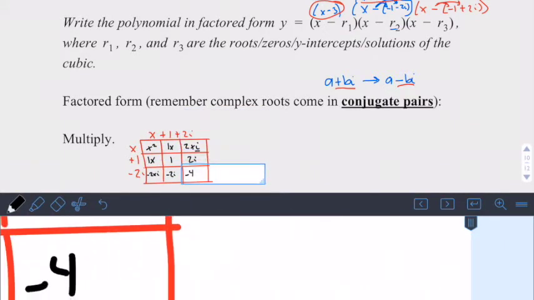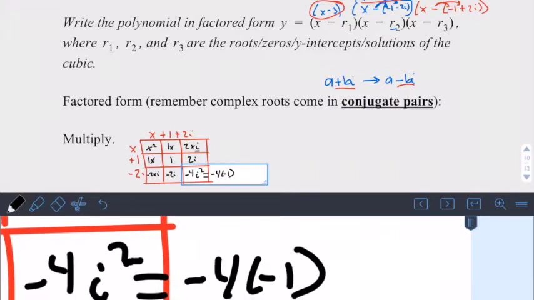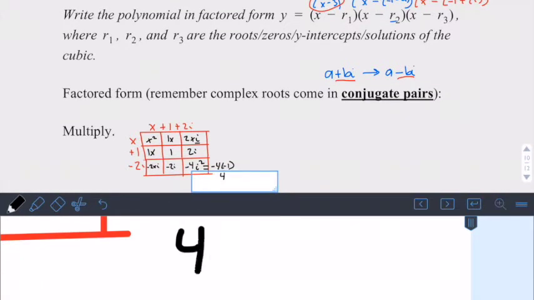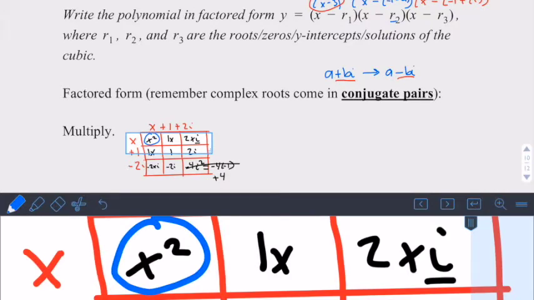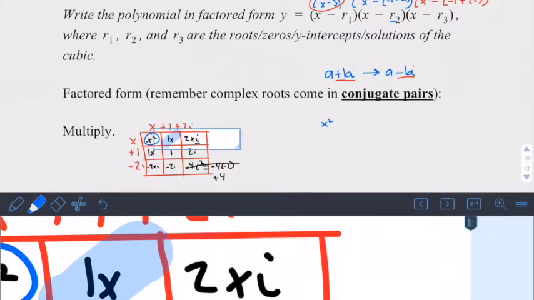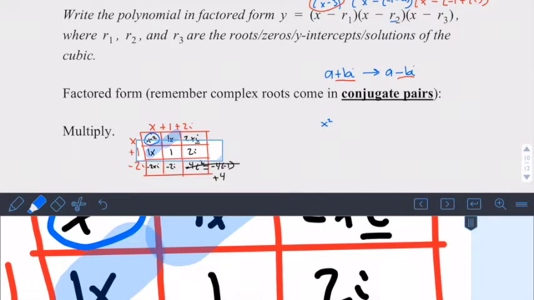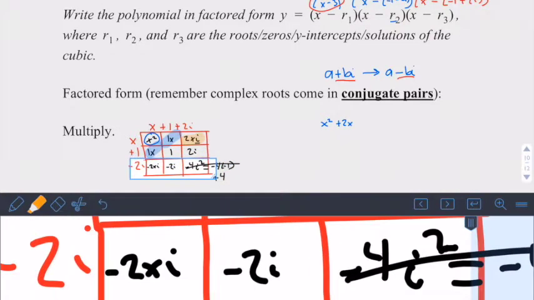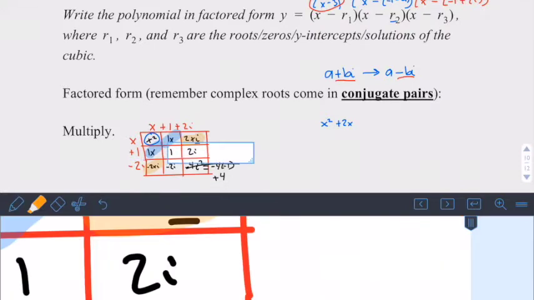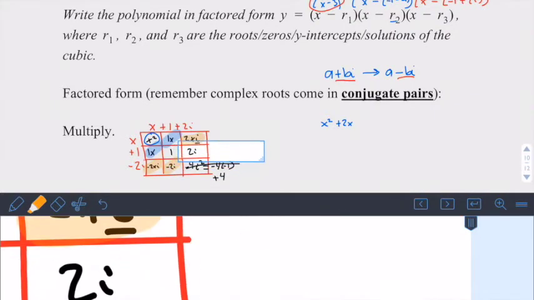i times i is i squared. Well, remember what that means? This is -4 times -1, which is just +4. Now I need to combine like terms and cancel. Well, we have an x squared. 1x and 1x is 2x. 2xi and -2xi cancel. 2i and -2i cancel.